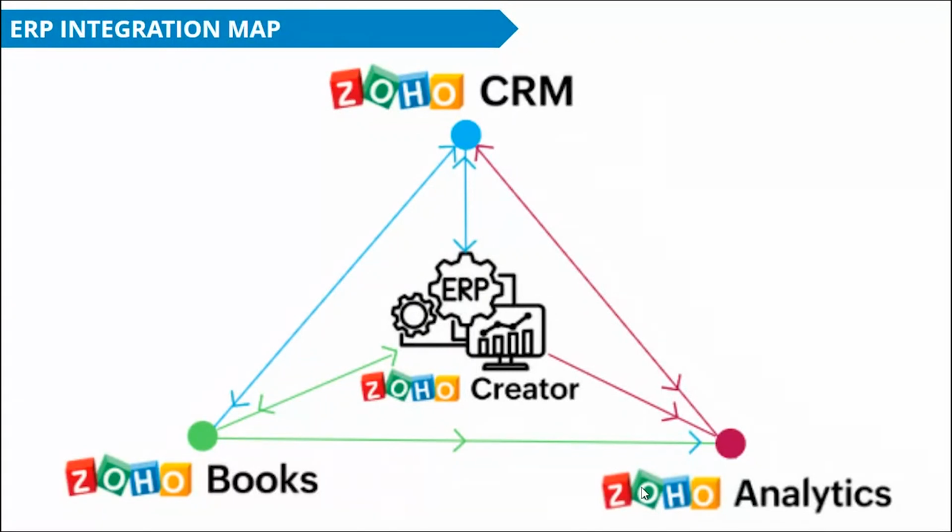Similarly, instead of Zoho Books, a customer is using some other accounting system and wants to retain it, you can still retain and integrate with ERP. Analytics we are using partly. Now with Creator coming out with a lot of analytical components within Creator 6, we really may not require Analytics as a separate engine. We could also build that along with Creator.